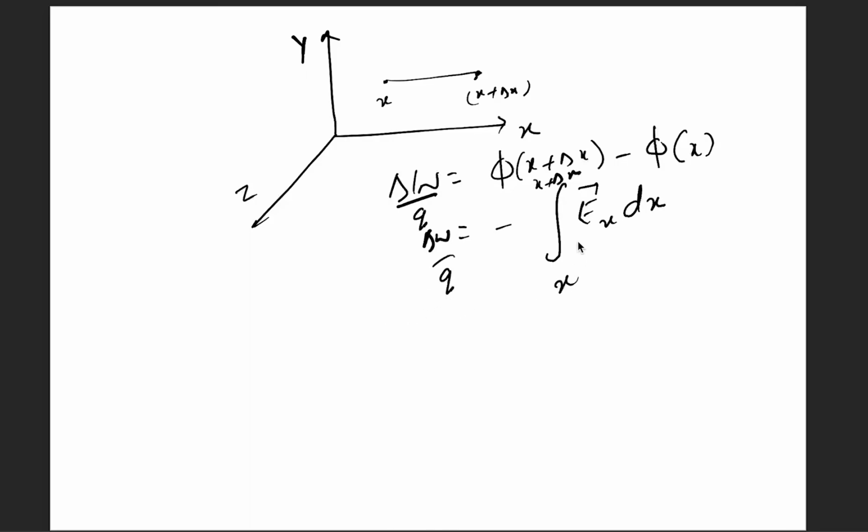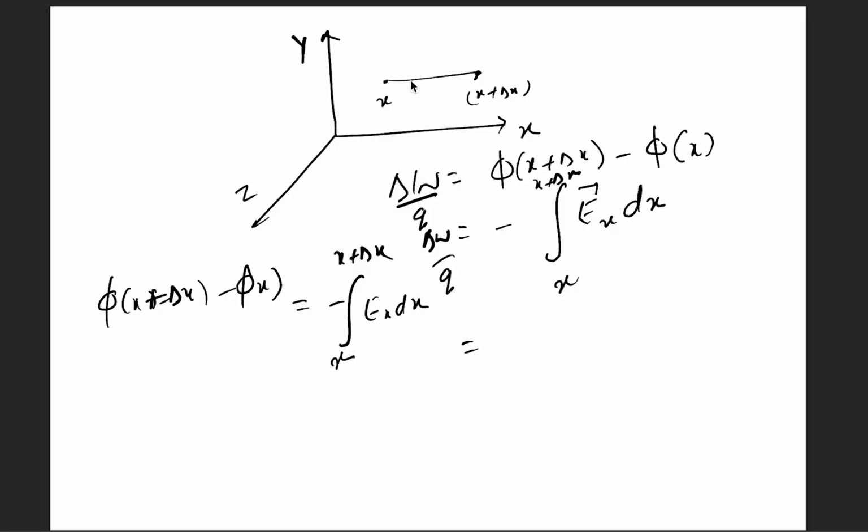Now this phi at x plus delta x minus phi at x is equal to minus Ex dx, which when I integrate from x to x plus delta x, and assuming that E remains quite the same because delta x is very small, gives minus Ex delta x, approximately equal, because I am assuming that E does not change when I move from x to x plus delta x, is equal to phi at x plus delta x minus phi at x.